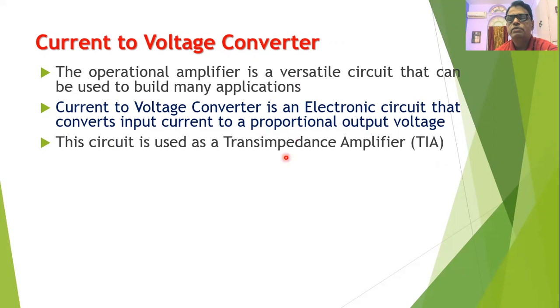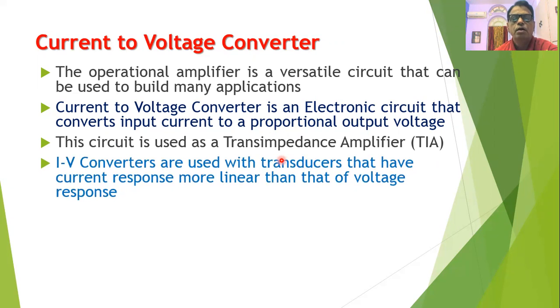This is a very useful circuit, and it is used as a transimpedance amplifier. Current to voltage converter is also called IV converter, and this circuit is used with transducers that have current response more linear than the voltage response. So there are certain transducers of which the voltage response is poor, but the current response is more linear.